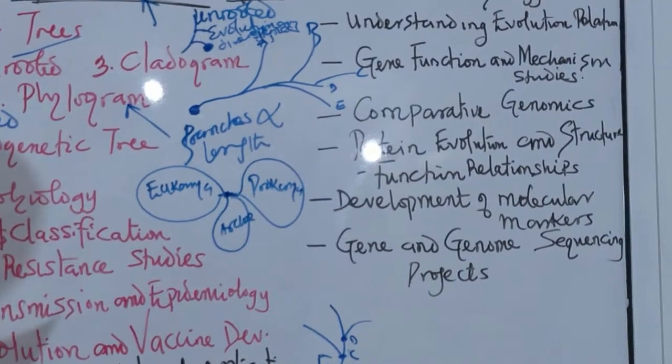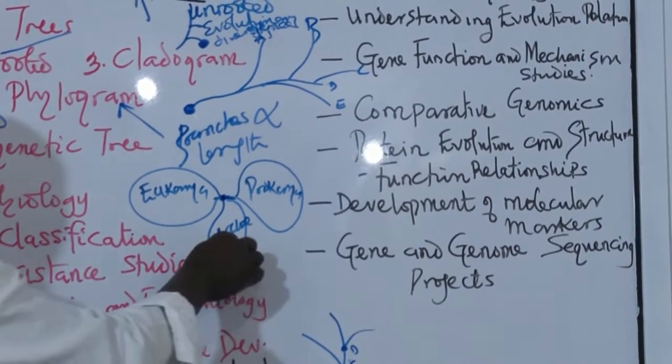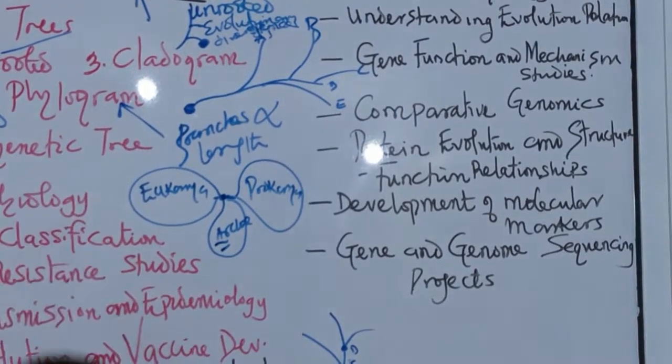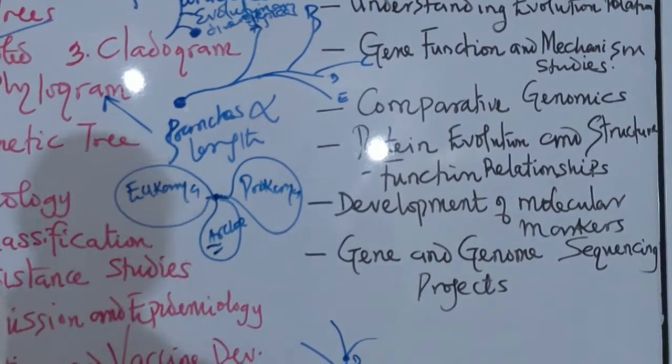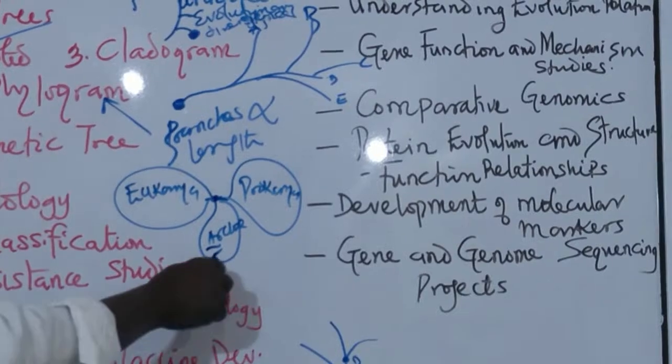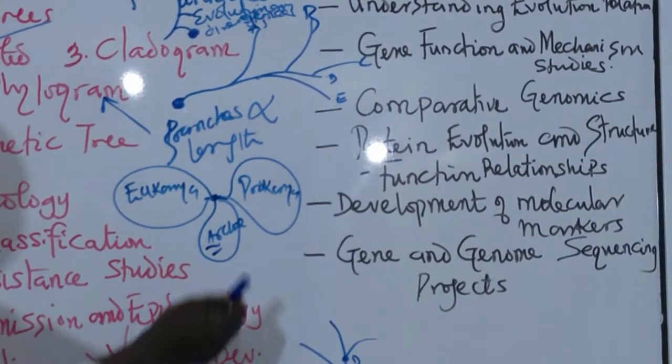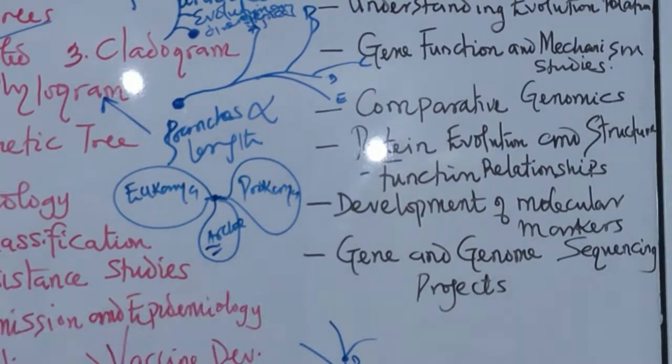That is the meaning of that. So if you want to know all the organisms that are in the same group under archaea, you begin to make use of a phylogenetic tree in identifying them.